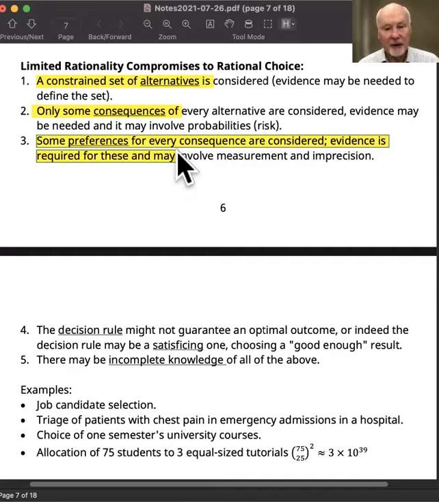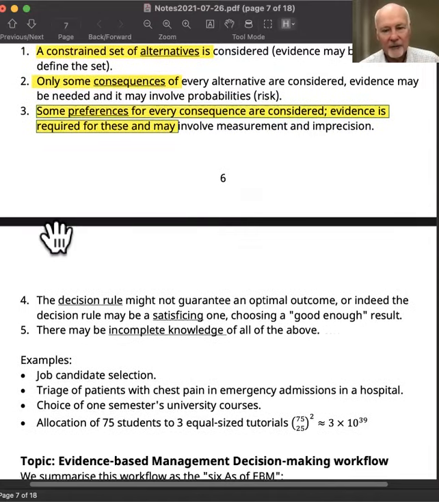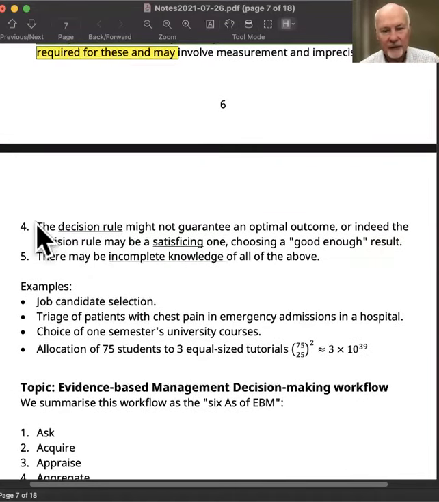Could be government regulators. So the task becomes very complex if you start to try and think of everyone who might have a relevant preference. And so what you do is you go through some process, a bit like the one of choosing the consequences or the alternatives, of triaging and narrowing down the set of preferences that you're actually going to use in your decision rule. And then we come to the decision rule itself.